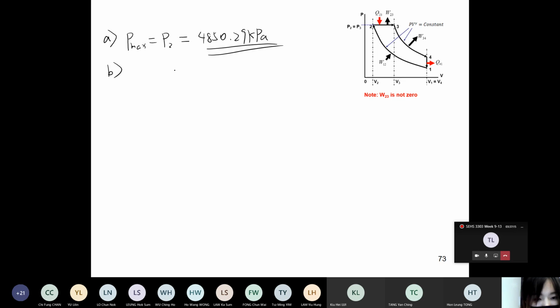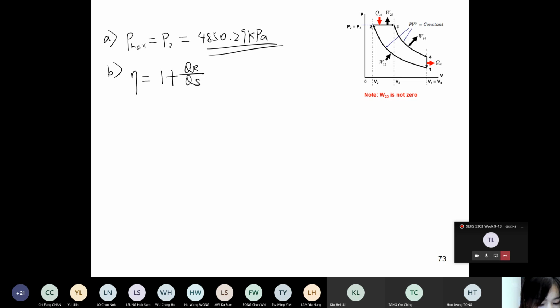Second question is the thermal efficiency. For the thermal efficiency, the definition should be 1 plus, you should pay attention here. Rejection heat is a negative value because of the direction.